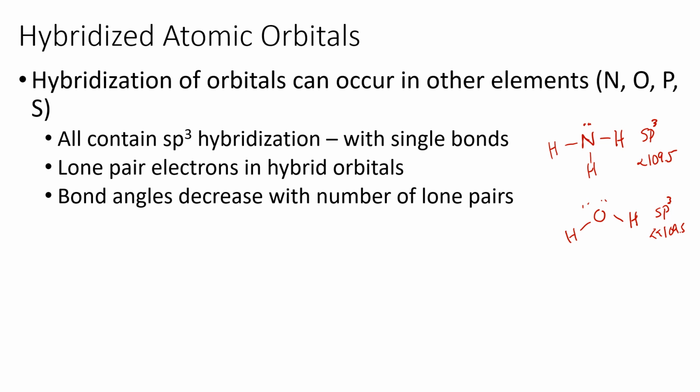The more lone pairs we put on, the more that bond angle will decrease. How much it decreases will also be dependent upon the types of atoms that are connected to that central atom as well. So we can't really define exactly what that number will be. It will be dependent upon a variety of different things. So this is all of our hybridization theory and our valence bond theory.